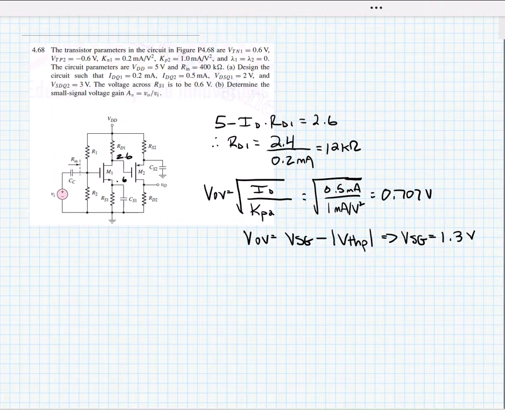All right, well, we already know the gate voltage because that's coming from the drain of the prior stage. So we can now tell what the source voltage is.